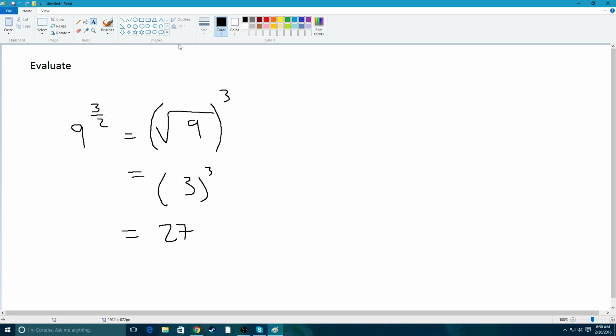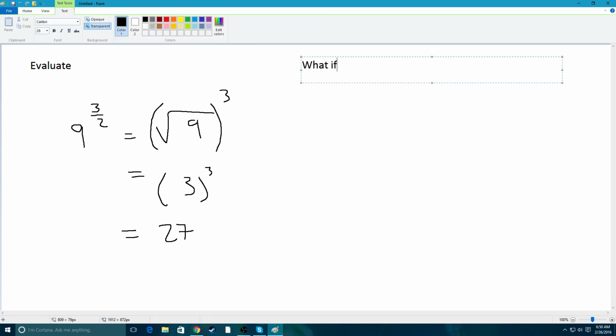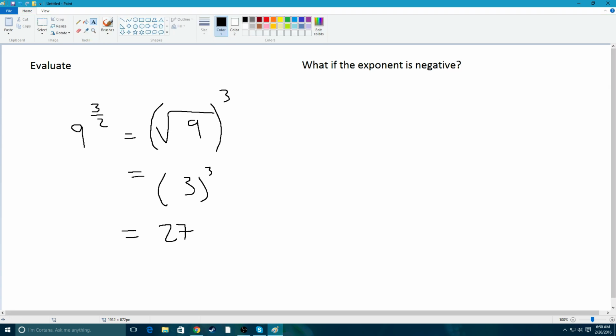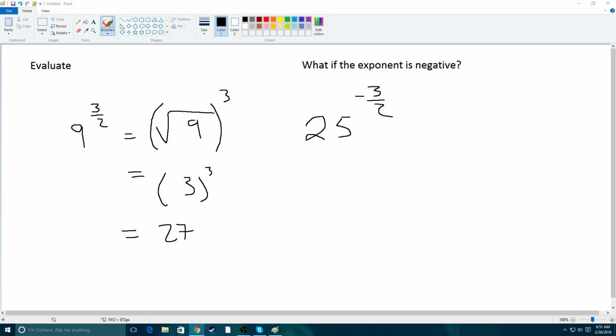What if the exponent's negative? Well, if the exponent's negative, you gotta make sure you drop it to the bottom.